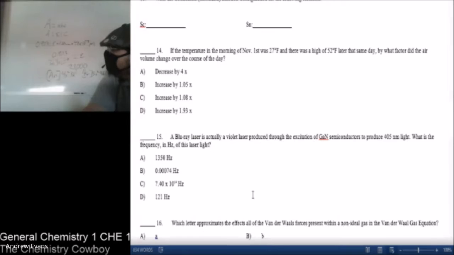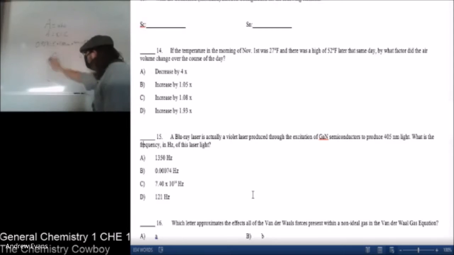What is the frequency of this light? You could cheat. You really could cheat if you remembered the frequency of 350 nanometer light, because it's not going to change by a whole lot. They are pretty close. So if you remember, you can just jump a step and write your answer.